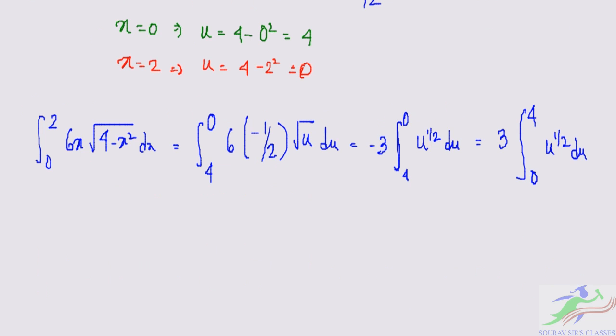Now doing the anti-derivative, this is 2 u to the power 3 by 2 from u equal to 0 to u equal to 4. If we put the values over here, it will be 2 times 8, so 16.